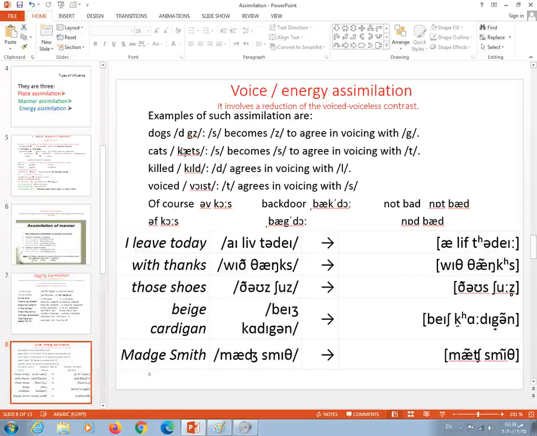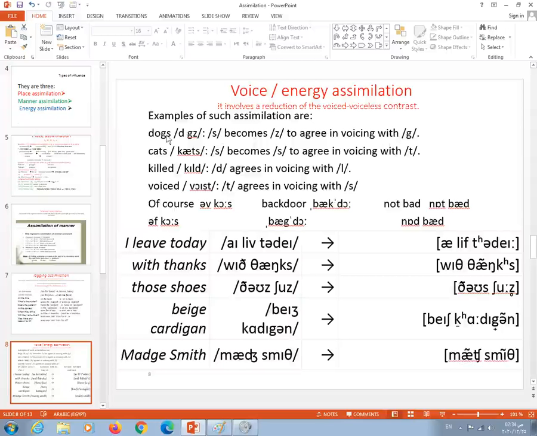Let's look at the examples. Dogs: the plural "s" becomes "z" in order to agree in voicing with "g". So in dogs, "g" is voiced, but the plural "s" becomes "z" to be also voiced just like "g".